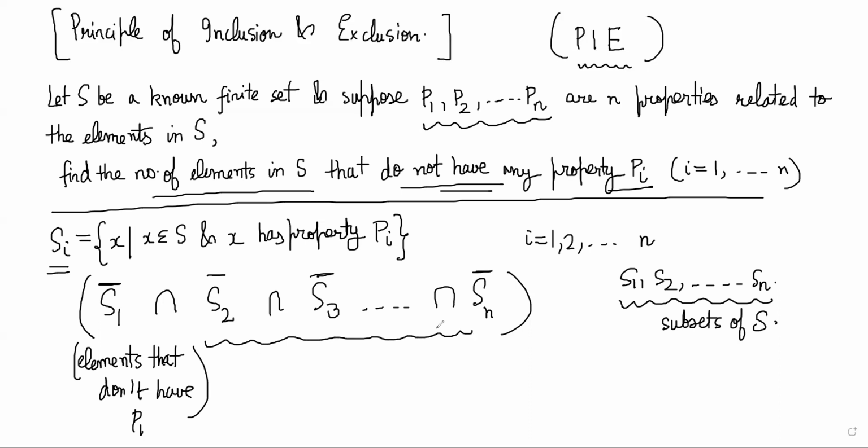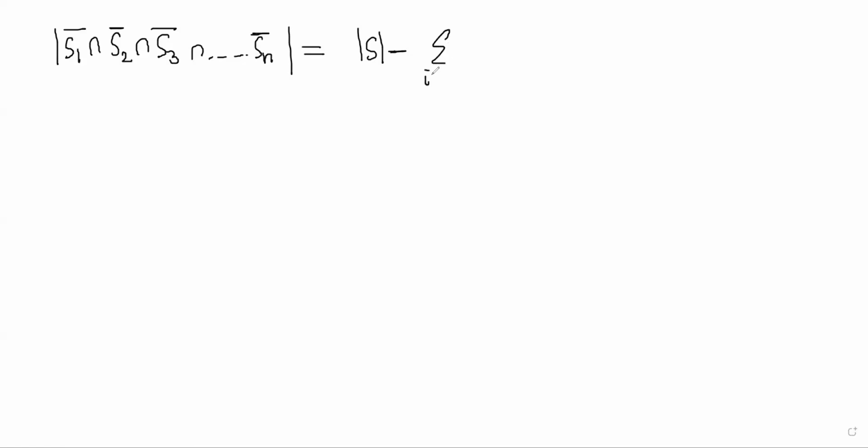So the theorem of inclusion and exclusion gives us a nice way to count this. The size of S1 complement intersection S2 complement intersection S3 complement intersection Sn complement will be equal to, this is the theorem for inclusion and exclusion, mod of S minus the summation i goes from 1 to n of mod of Si, plus the summation over i1, i2, where 1 is less than or equal to i1 less than i2 less than or equal to n, of Si1 intersection Si2.